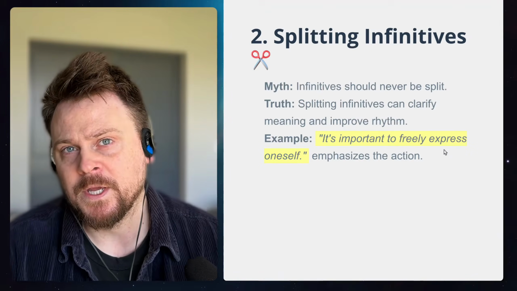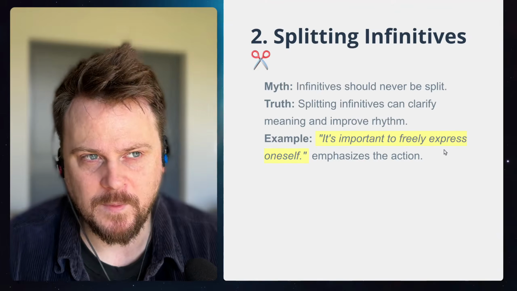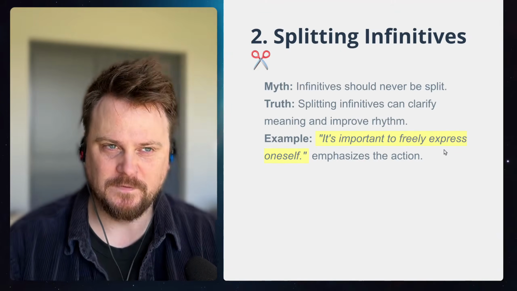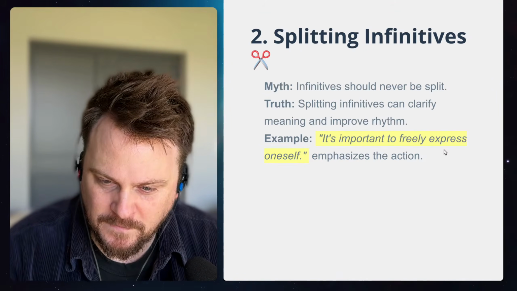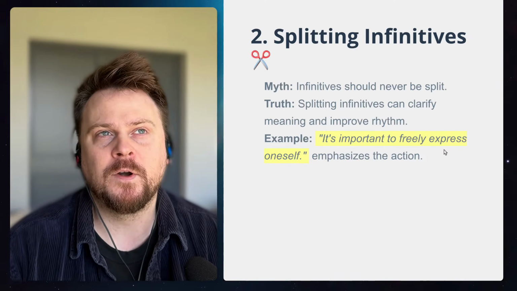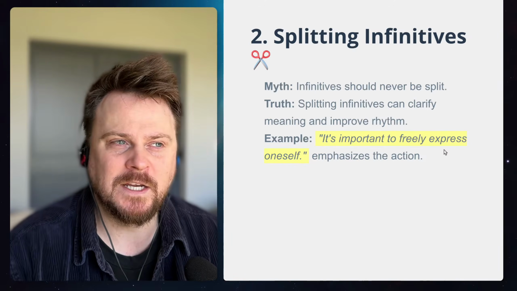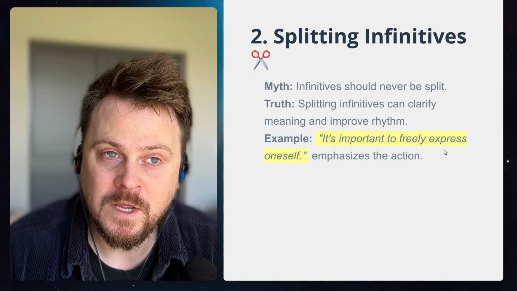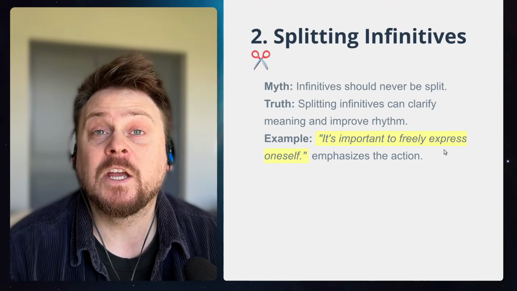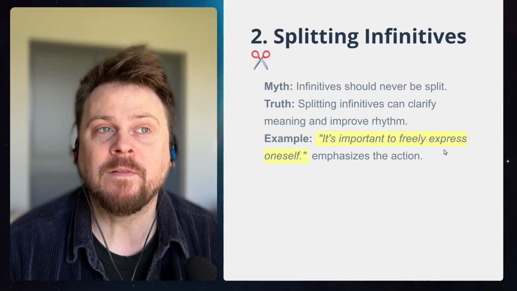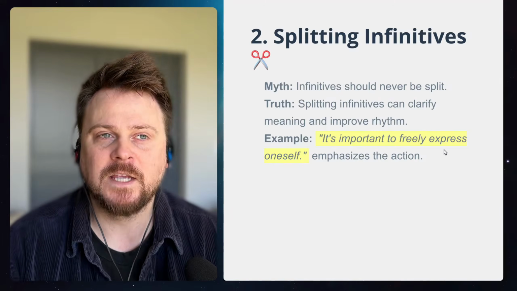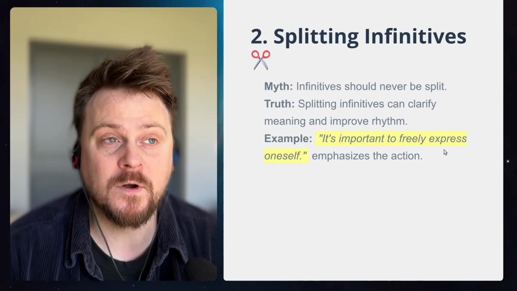Okay, the next one. Splitting an infinitive. You hear people say, do not split your infinitives. Okay, so what is an infinitive? Well, that's where you have a verb and then to, and it's often acting as, for example, a noun. So if someone says, I like to walk, then like is the main verb of the sentence, and walk is not the main verb.